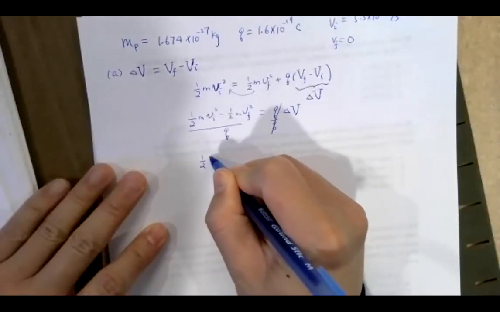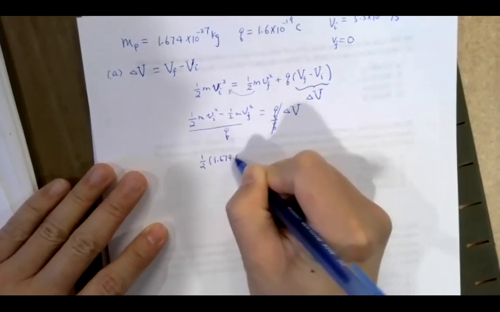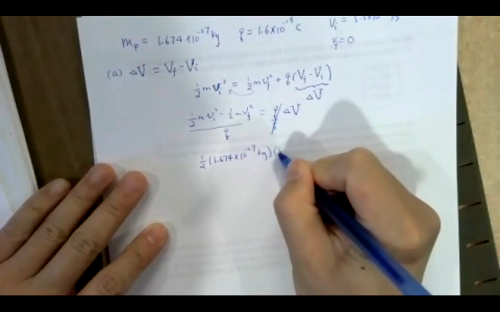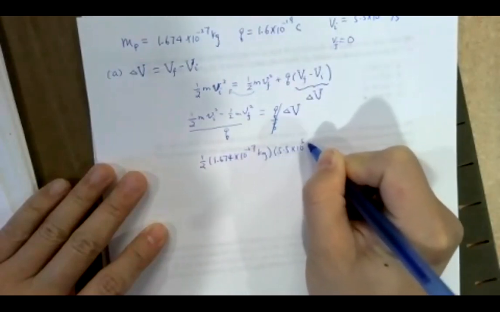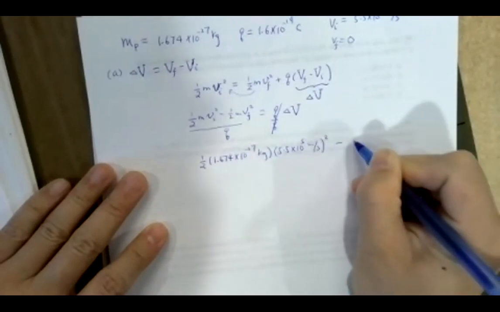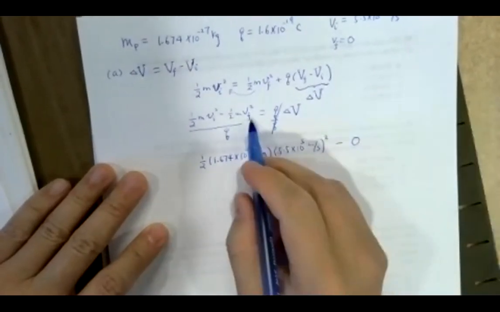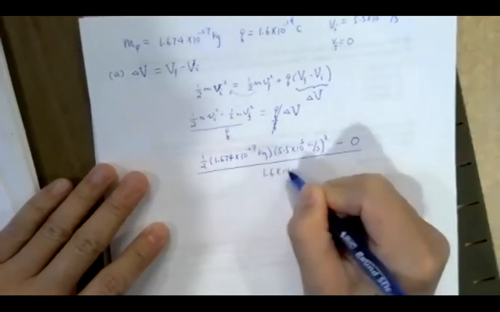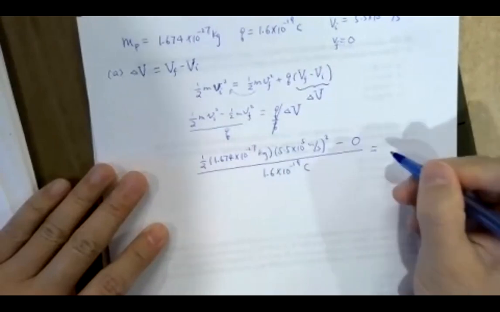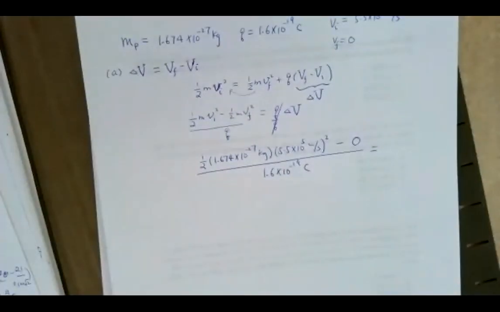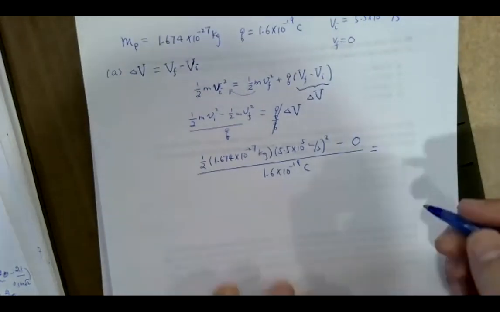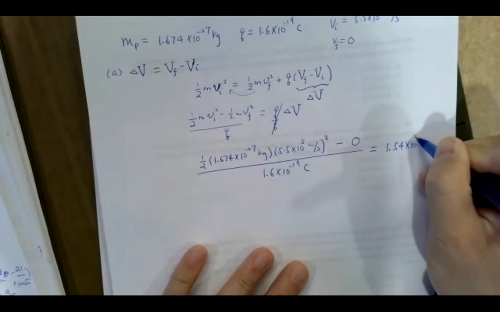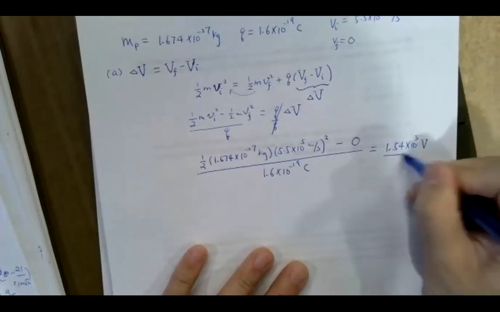So this will be 1/2 of 1.674 times 10 to the negative 27 kilograms times 5.5 times 10 to the 5th squared, minus 0 because V final is 0, divided by 1.6 times 10 to the negative 19 coulombs. That will give you the potential difference. It gives me about 1.54 times 10 to the 3rd volts.